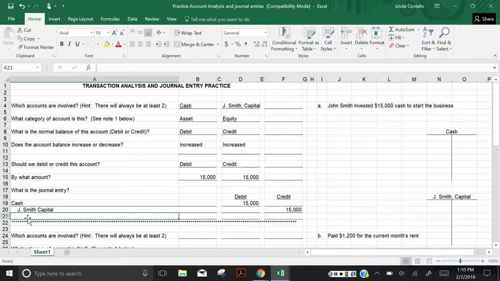Then we need to give a brief description of what happened in this transaction. And frequently it'll be pretty much the same as the business transaction you're given. So we would say something on the order of John Smith invested $15,000 to start the business.